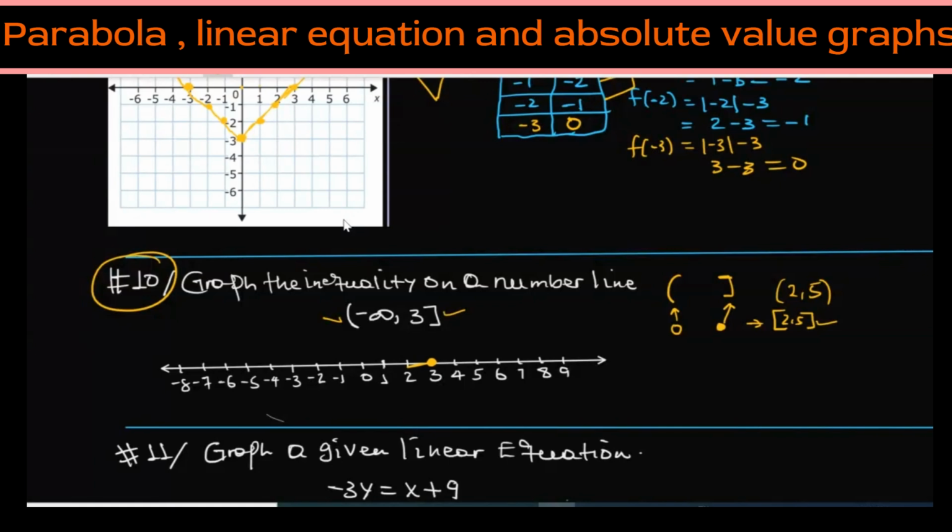All I have to do is simply draw a heavy line to the left side like this. You can go all the way, and if you want, just put the arrow. This tells me it keeps going to infinity.